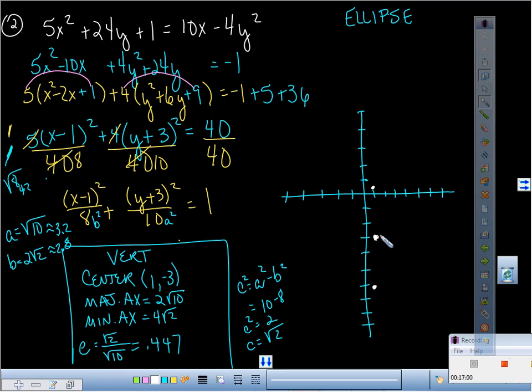My b's are going left and right. b is about 2.8, so I'm going to go right, 1, 2, not quite 3, and then left, 1, 2, not quite 3. And there's my ellipse.